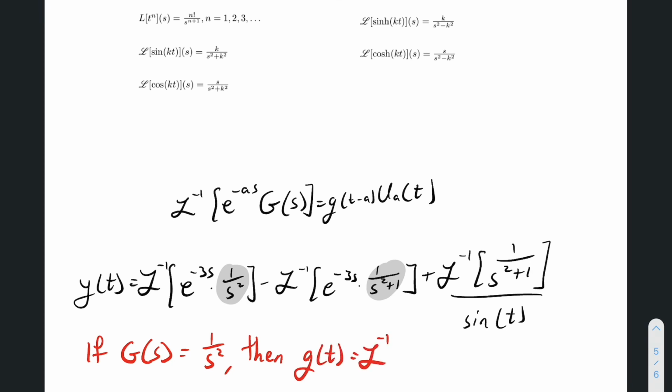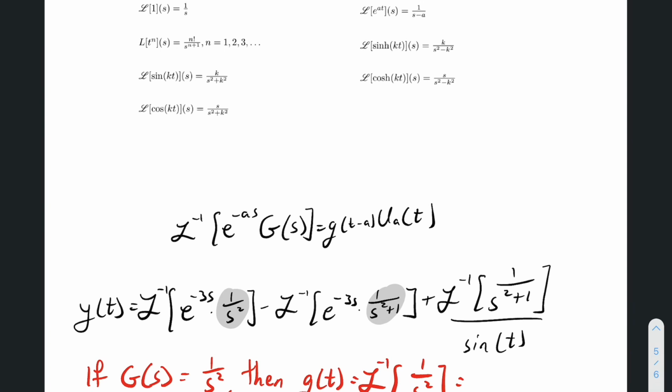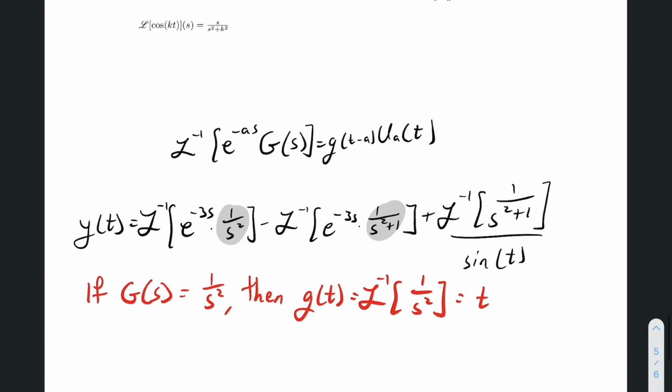L inverse of G of s, or L inverse of 1 over s squared. What gives me 1 over s squared? Well, it'll just be t. So the Laplace transform of t is 1 over s squared. So that would be my g of t for this guy.